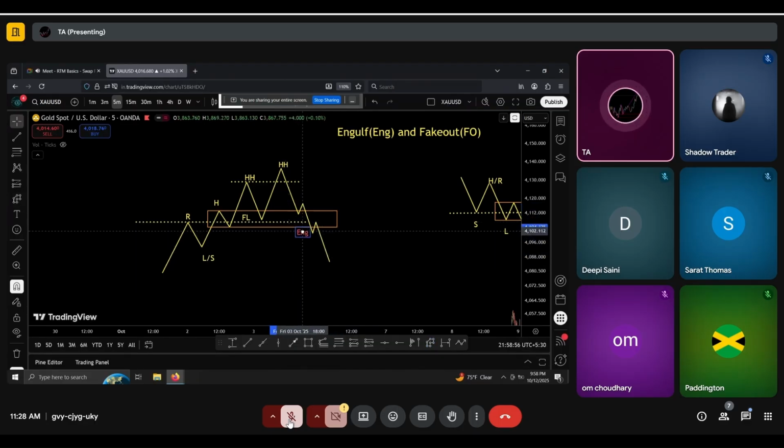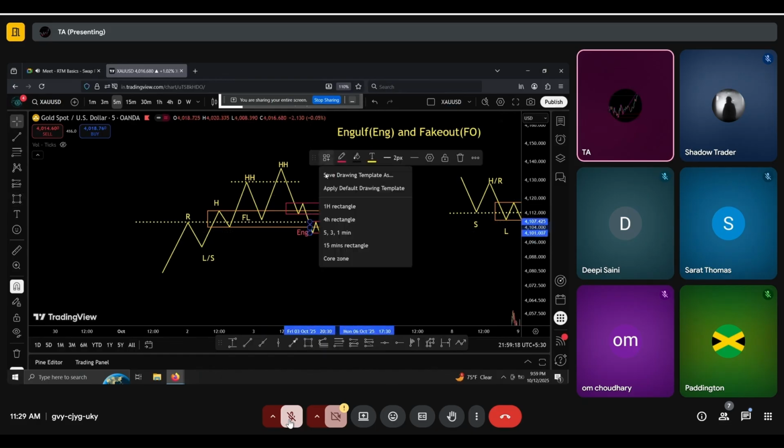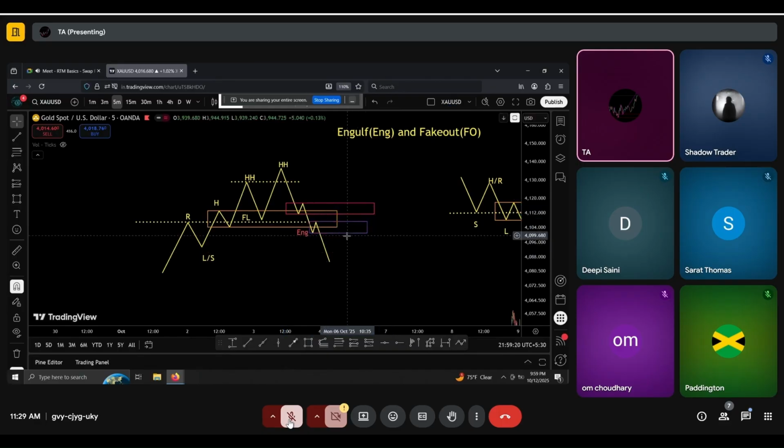So here engulf happened, right? Engulf of this FL happened, and here DP is created, right? And here RS is created, right?